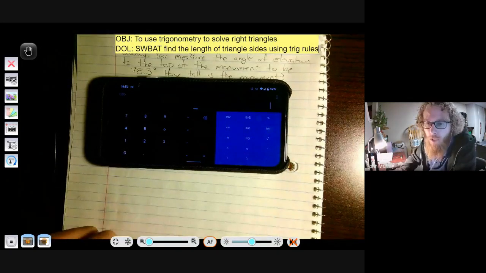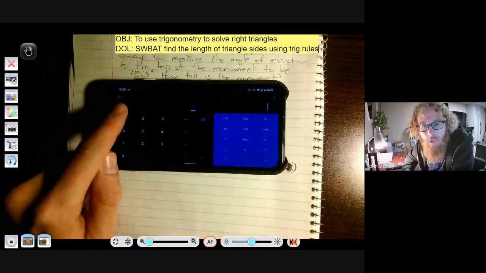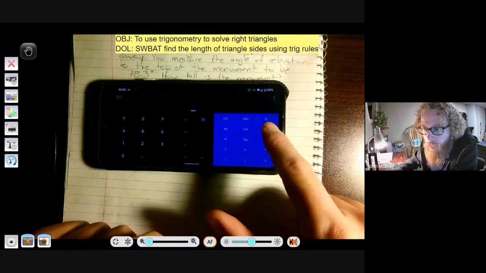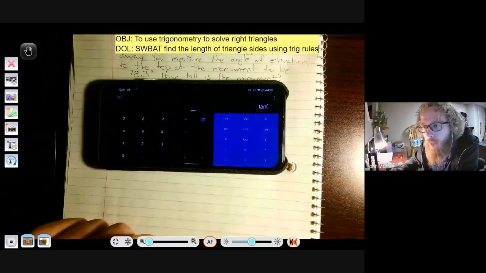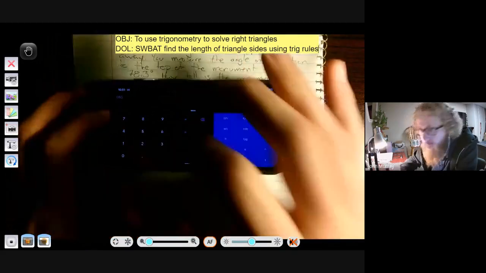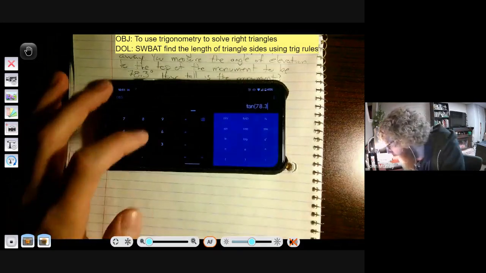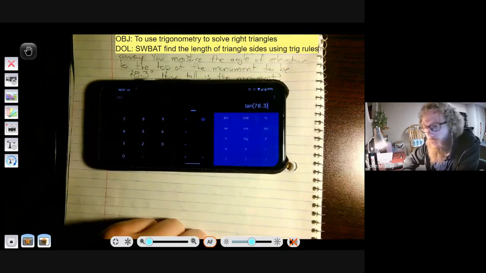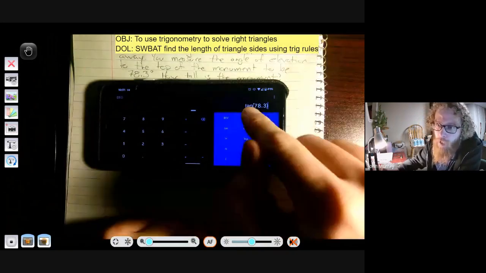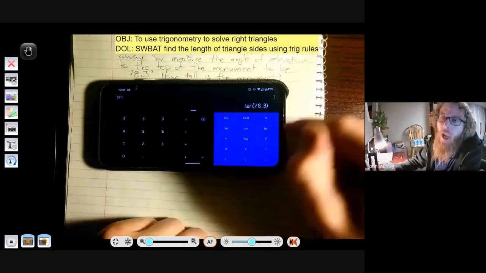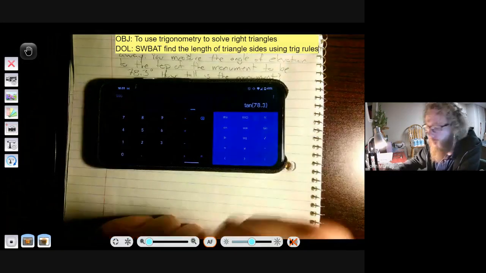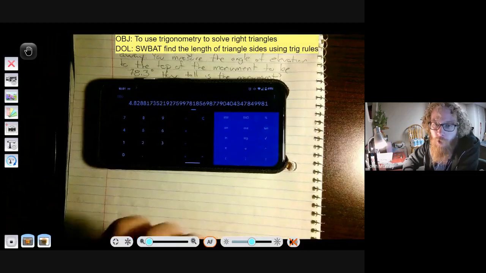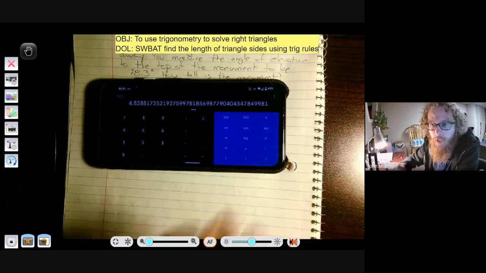So with your phone, again, I'm in degree mode. We're good there. Tangent of 78.3. Last time I had an iPhone, you can't type it in like this. What you would have to do is type in 78.3 and then hit the tangent button. Then you would get some crazy decimal. From there, do not round this.